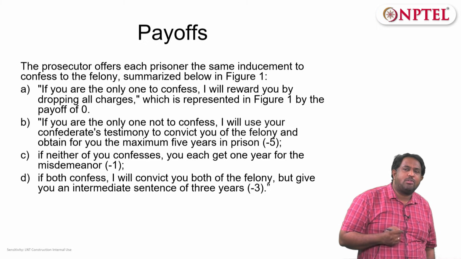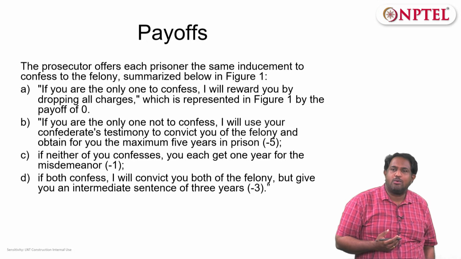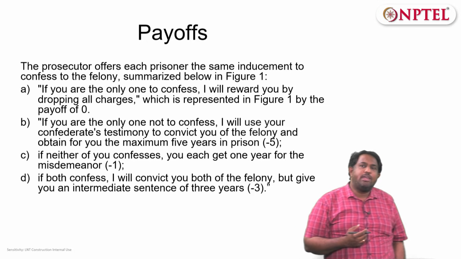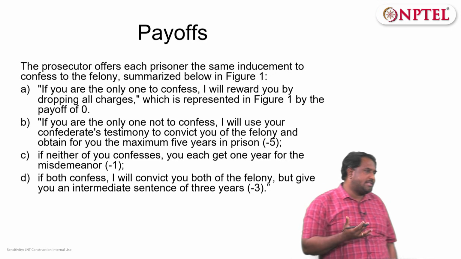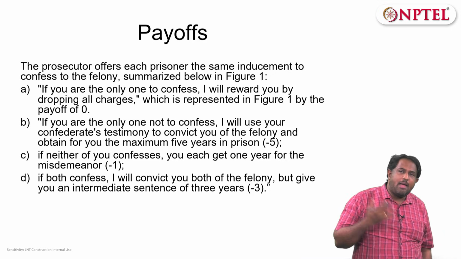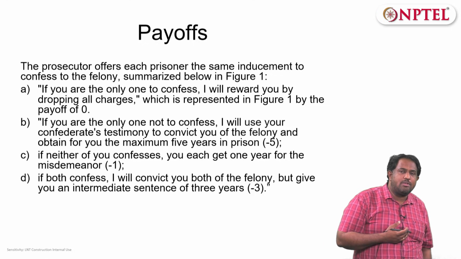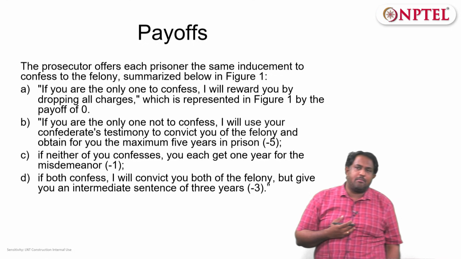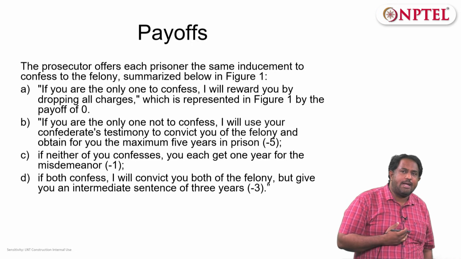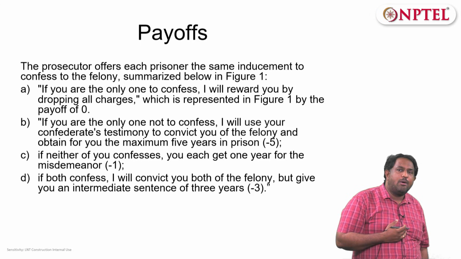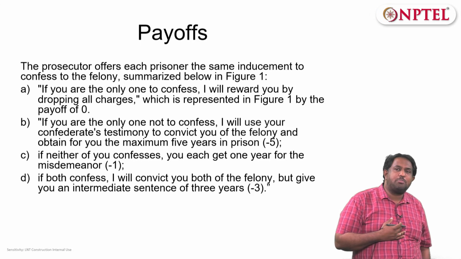There are different inducements that the prosecutor wants to give to the two criminals, right? So he would say that, if you confess and admit that this is what we had done, I am willing to drop the charges. And the guy knows that is the likely option that allows him to get away with lesser punishment.